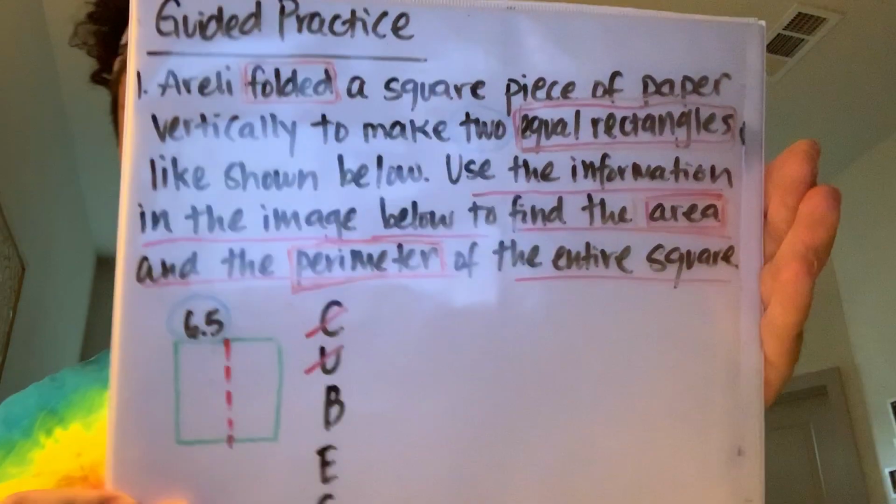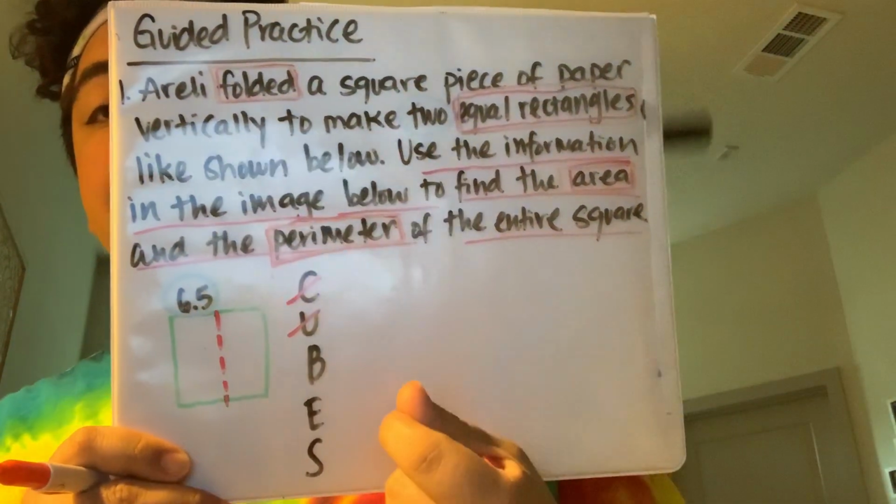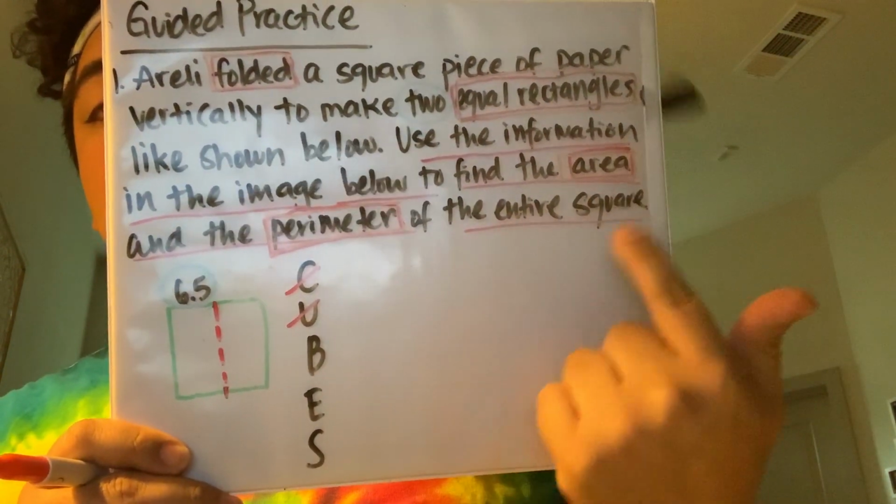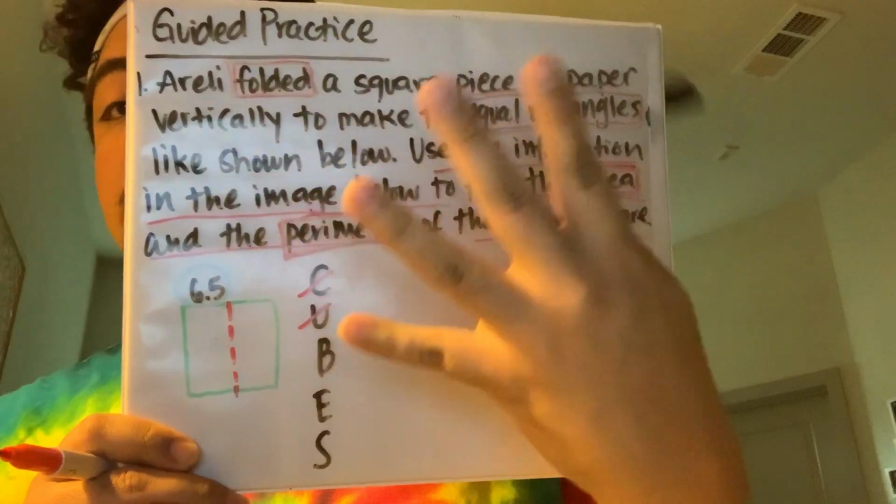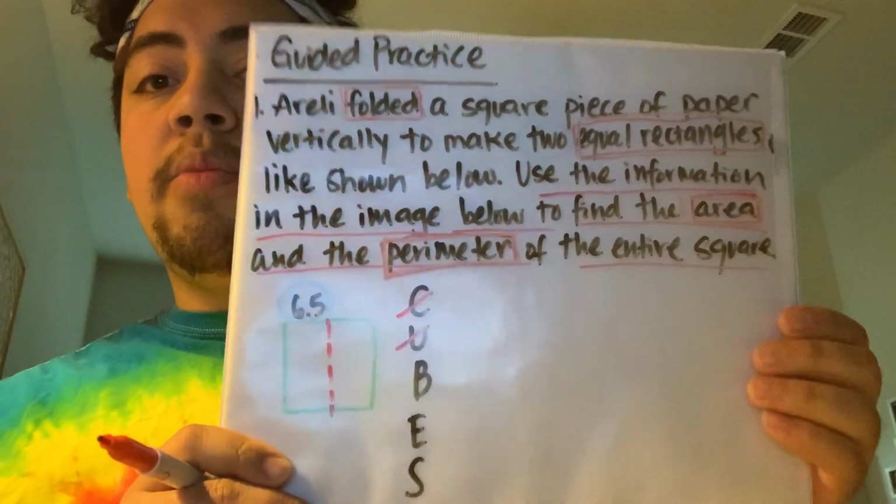So that is also going to get boxed. And let me actually get a different color so that can stand out for us. So I got folded, I got equal rectangles, I got area, and I got perimeter. So if you want to take a second to do that on your paper, fold it, equal rectangles, area, perimeter, and if you notice something else, drop a comment, let me know.